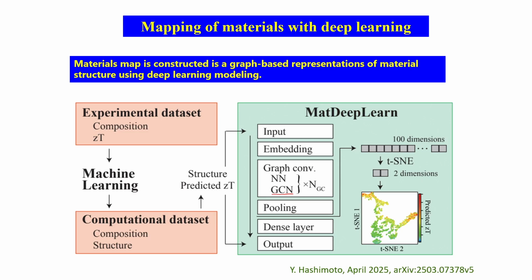It is basically based on ANN, but made in such a way that it can handle a lot of images. There you have pooling, dense layer, output, this is all there in my course on AIML in materials engineering, you can get it. And from there you can actually create hundreds of dimensions and reduce them to 2 dimensions and plot it like this, and then this is the predicted ZT.